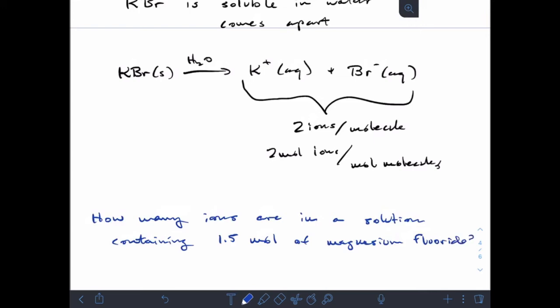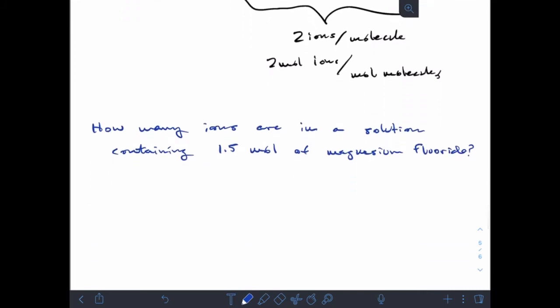Remember I threatened that I would start using just words in our problems, so the nomenclature needs to be at the top of your brain. The formula for magnesium fluoride is MgF2.